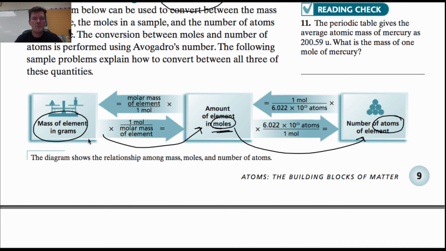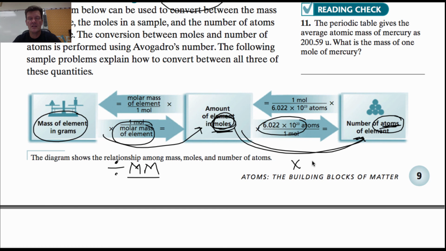So to go from mass to number of moles, you are going to divide by the molar mass. That's what this is right here. You divide by molar mass. MM is molar mass. That would give you the number of moles. I'll show you the calculation in a second. Then if you know the number of moles, then you would multiply by Avogadro's number to get the number of particles in that number of moles.